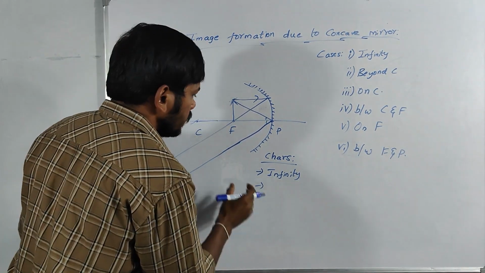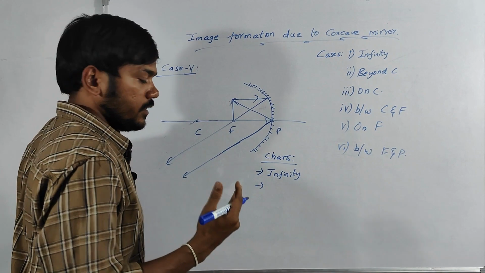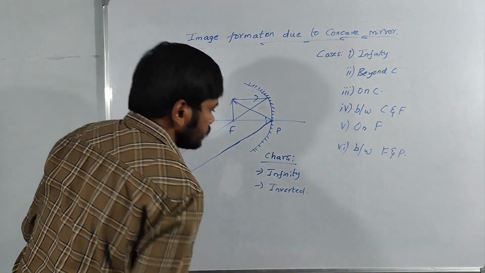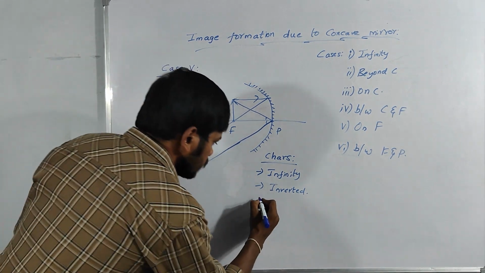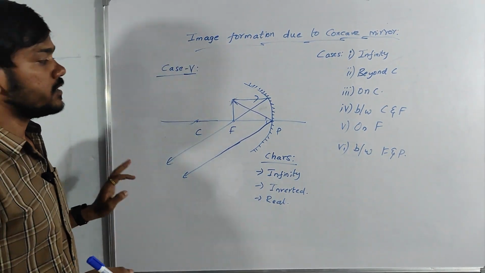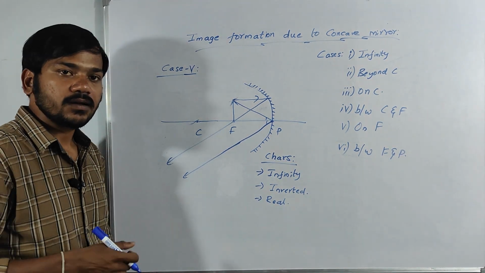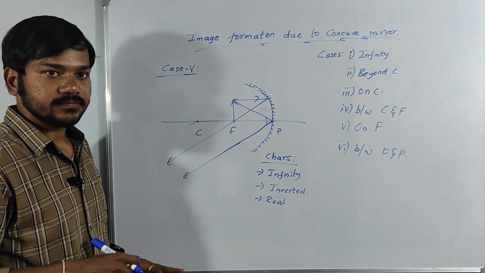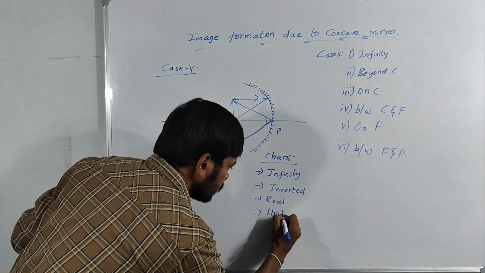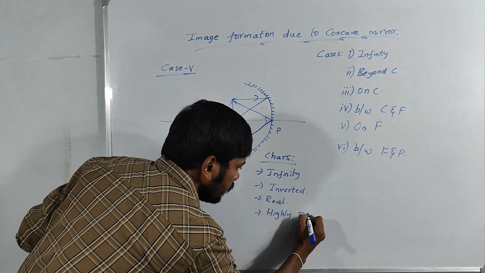What about the second one? Is it inverted or erect? It is inverted. I said to you, wherever there is inverted, there is real. Obviously, this is real. And what is the fourth point generally we discuss? Come and say to me. Magnified or diminished? So this is highly magnified, highly enlarged.